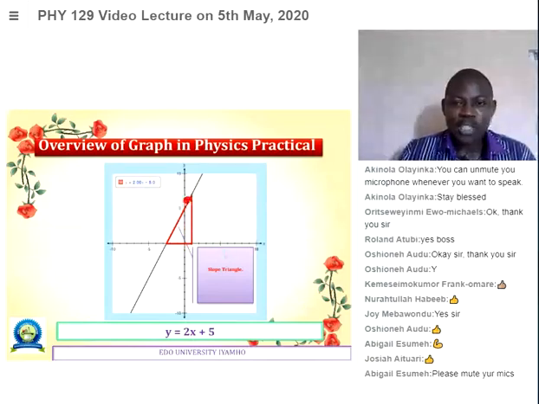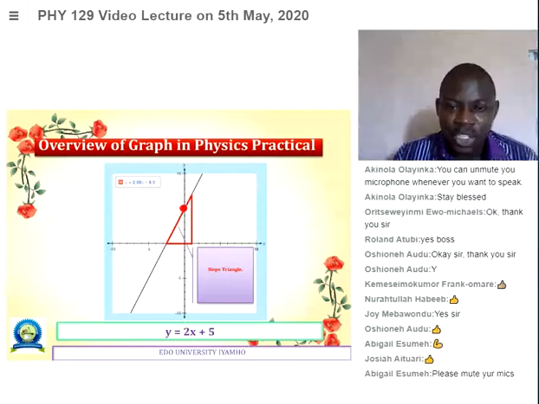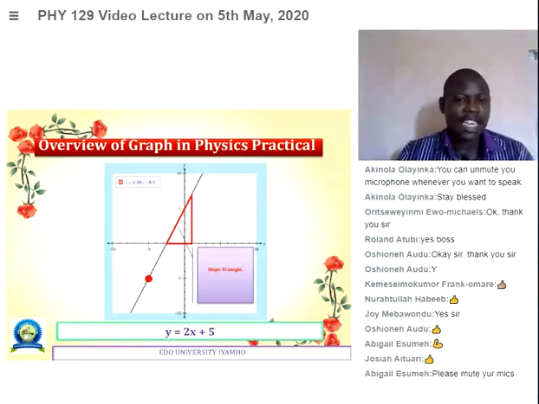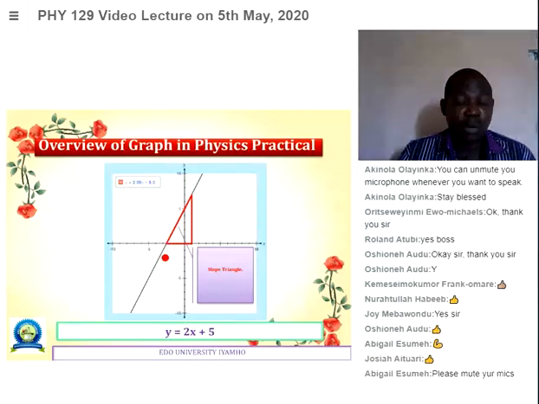Okay, so going forward, we look at the slope triangle as drawn here. And we can also see, if you look at this straight line, where does it cross our y-axis? You can see, obviously, it crosses our y-axis at 5. Hence, we have this 5 as our intercept on the y-axis. For this particular linear graph, there is also an intercept on the x-axis, which occurs at somewhere around minus 2.5.